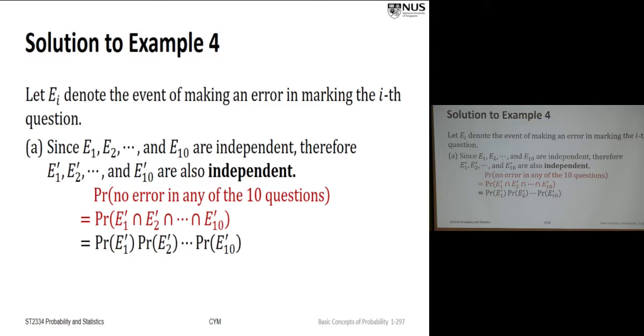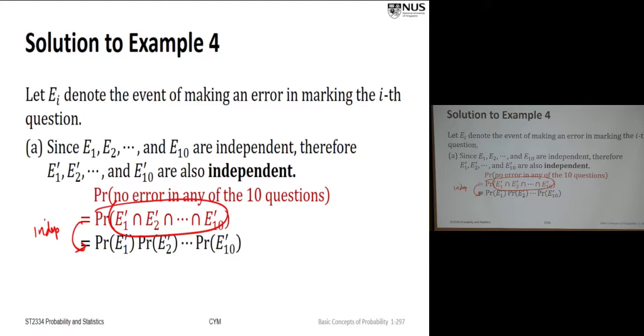So it's equal to, now this part is just trying to answer the question, and from here to here, we make use of the independence properties of all this. Why is it independent? Because we are told that marking of each question is independent.